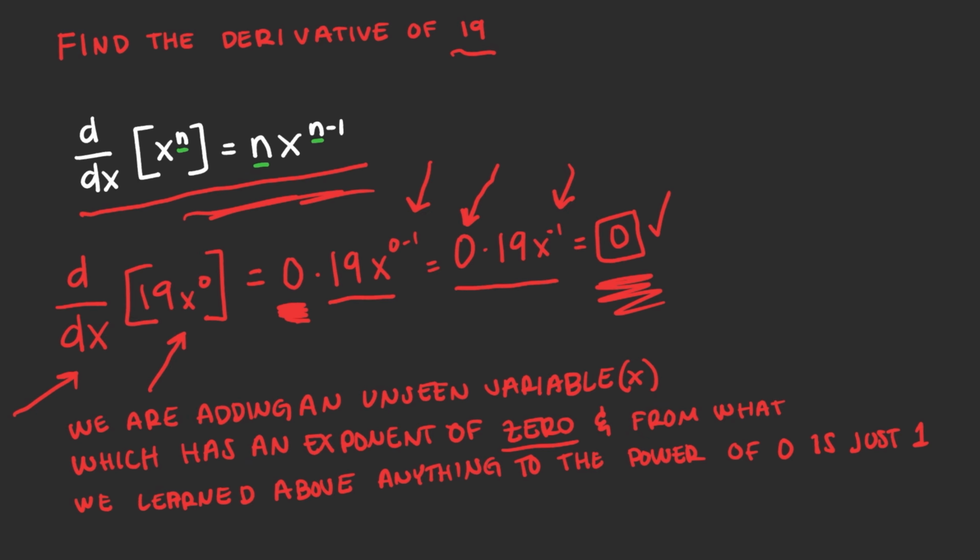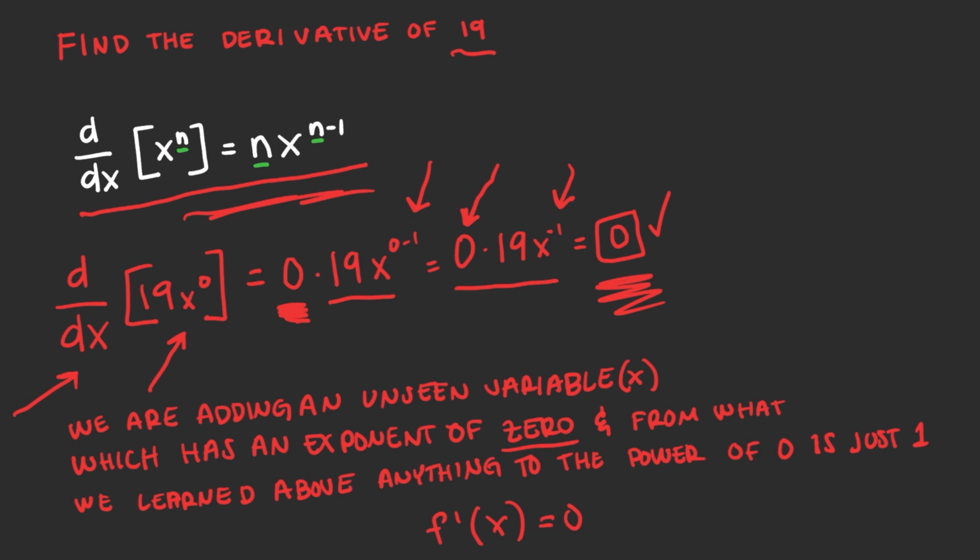See? So again, we're adding to our 19 an unseen variable of x, which has an exponent of 0. And from what we learned earlier, anything to the power of 0 is just 1. So this is why f prime of x equals 0.